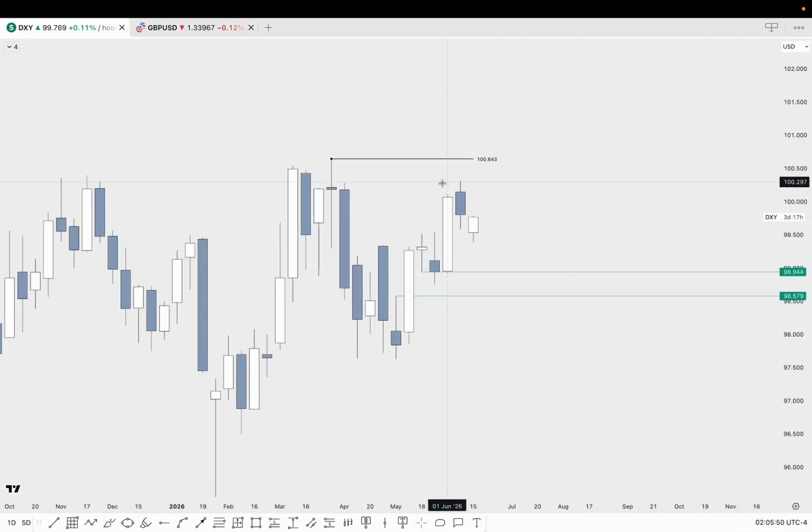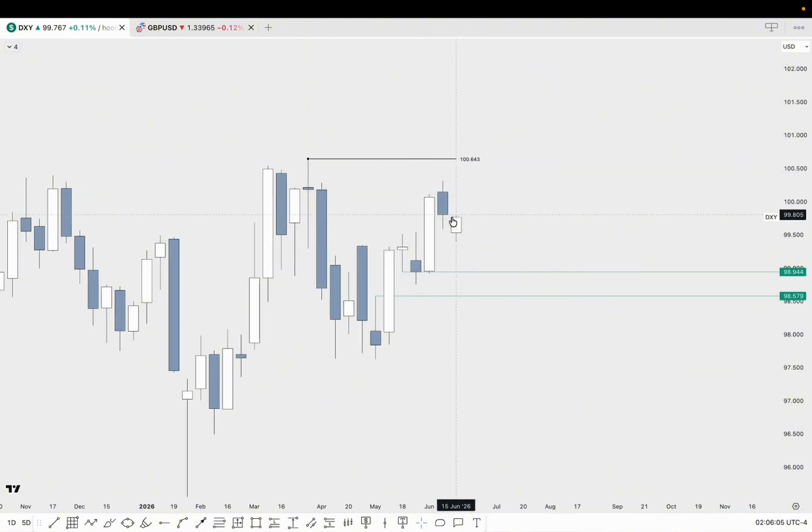Last week, I wanted to see a continuation to these highs. I wanted to see a continuation from this candle open straight to the highs, the 100.643 level, and we didn't get that. Instead, we had this retracement back into the range we created last week, and this week I want to see price simply expand from the area.